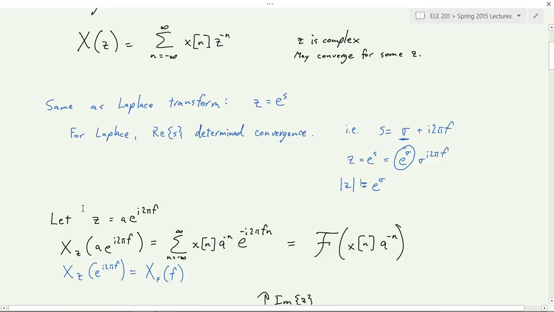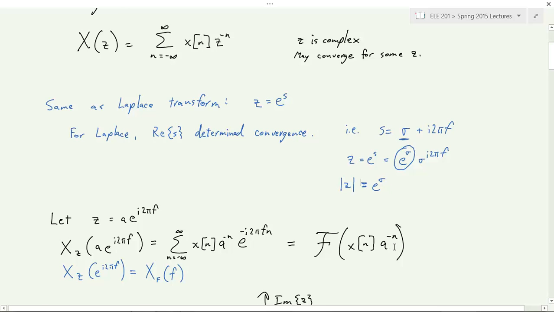So let's compare this to the Fourier transform. If we let Z equal a magnitude A, let's say a real number, times e to the i2 pi f, so this is just taking a complex number to its magnitude and its phase, then the Z transform evaluated at this parameterization, we plug it in, and you immediately see that this is just the Fourier transform of the signal multiplied by a real exponential function.